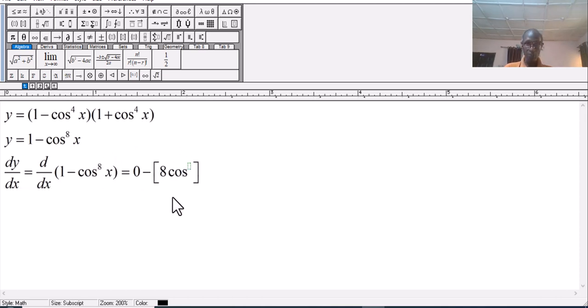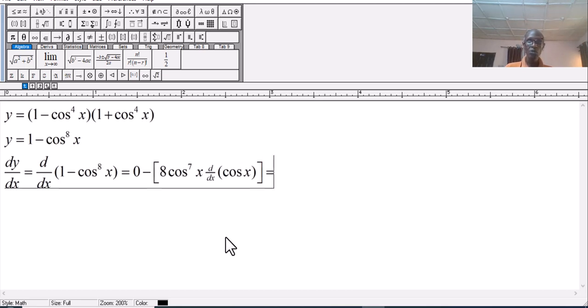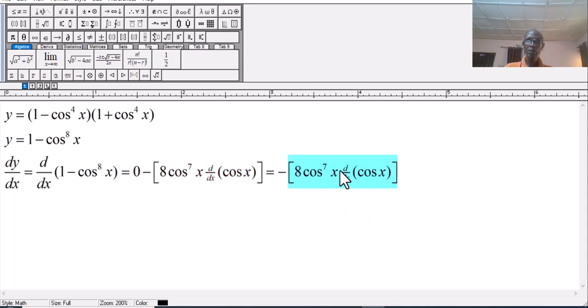So what you have here is cos to the power of 7 x. Now you differentiate your cos x. This will give us minus sine x.